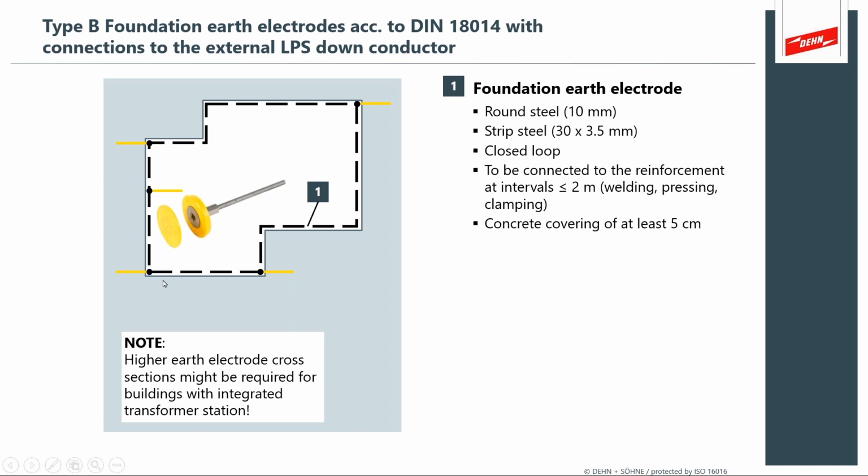What's important in this particular slide is we're showing the approximate appearance of what that ring would look like. But we want to call out these connections that you can now get to and actually make your connections into that earth electrode.